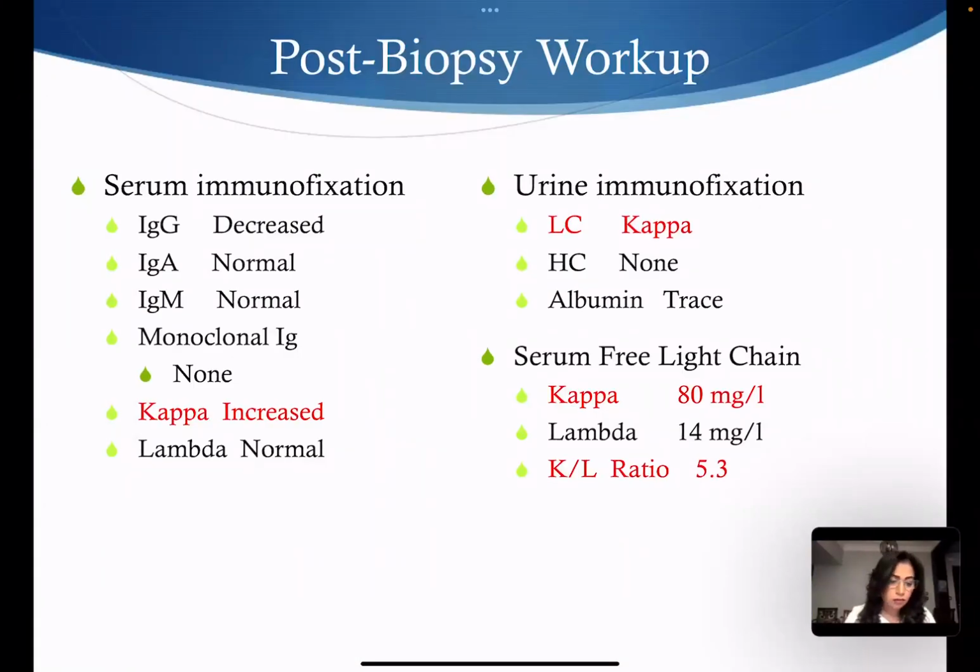Okay, Wesam. The patient had the biopsy, and we had a very clear diagnosis of very suspicious cast nephropathy, which directs you to the paraproteinemia again, though the patient had initial serum protein electrophoresis and serum immune fixation, or serum protein electrophoresis, I mean, that was negative.